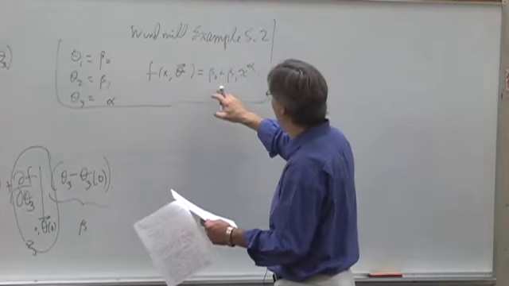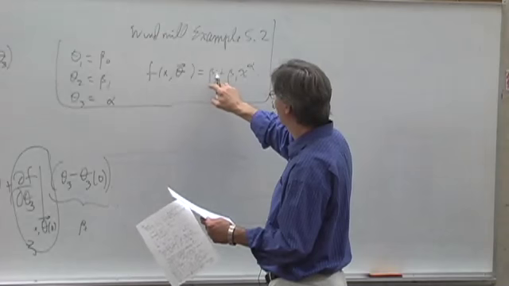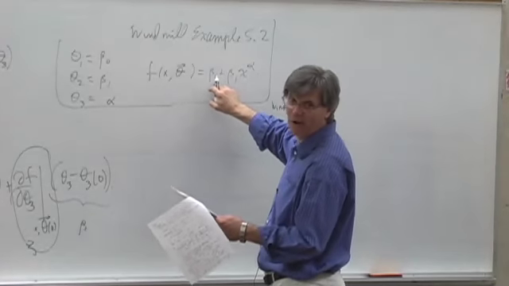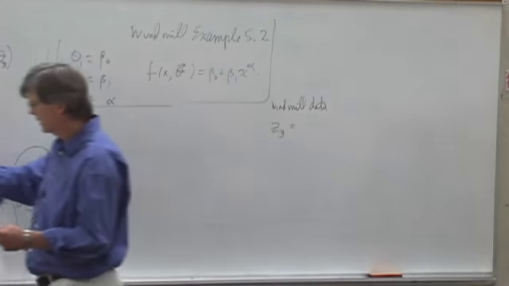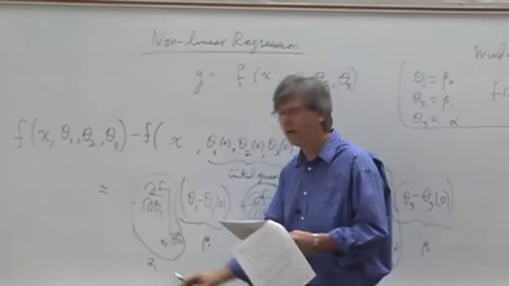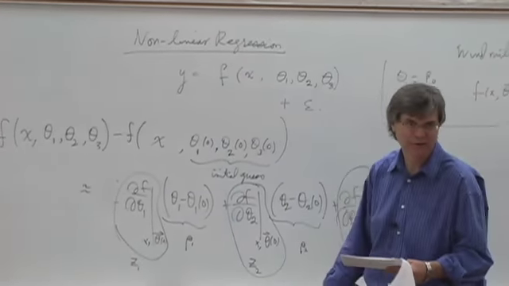Because theta 1 corresponded to the beta naught, it was natural to call this the corresponding intercept variable Z0. So I call it Z0, Z1, and Z2.